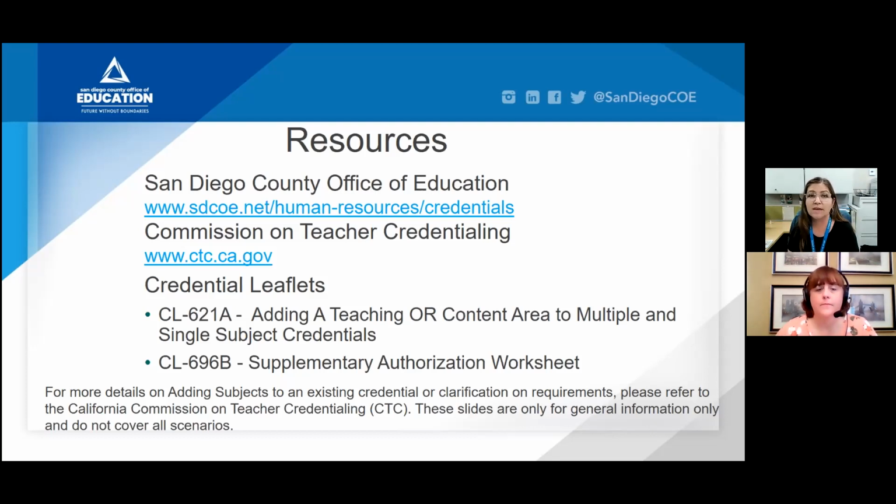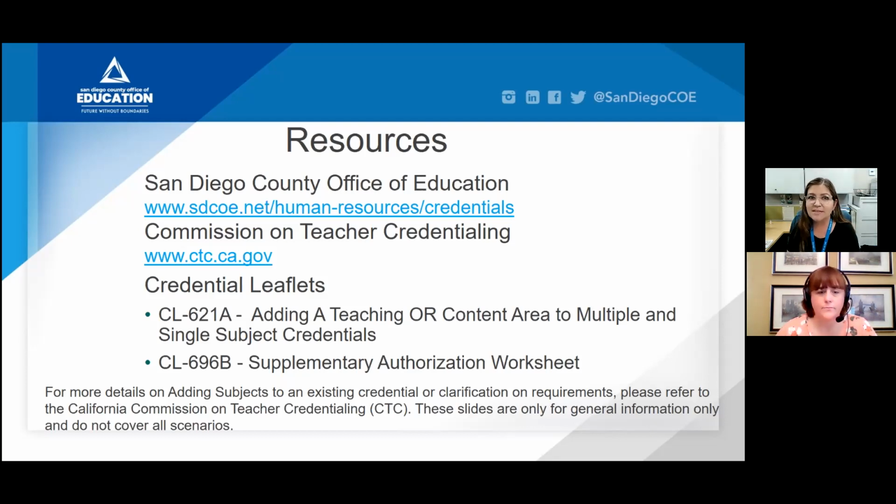The worksheet that I showed you earlier is where you would plug in all the courses that you believe that you hold. They're usually out of the department that you're seeking. So if you're seeking an English authorization, they're usually going to be out of the English department, and they're going to be 100 or above.